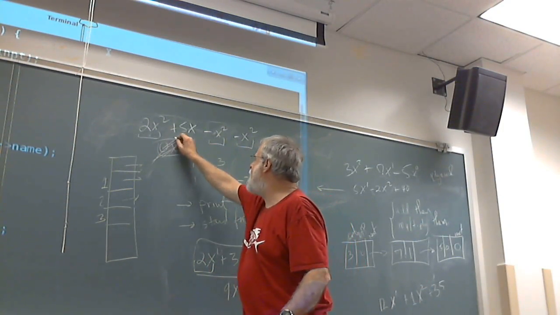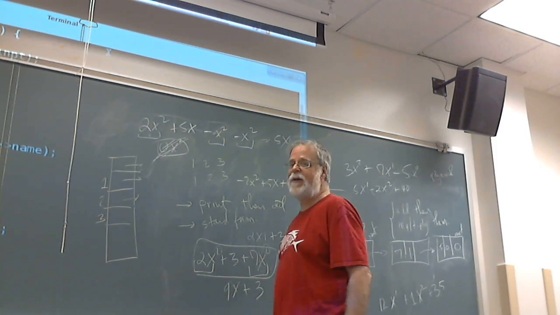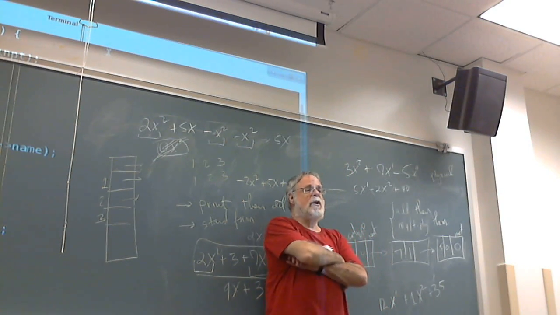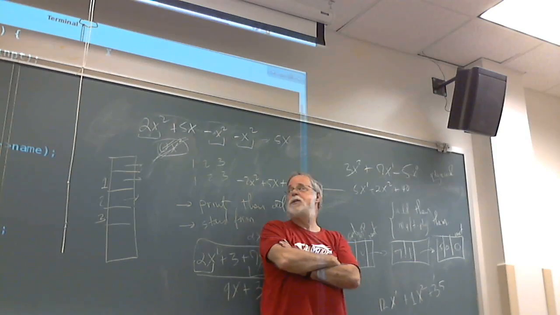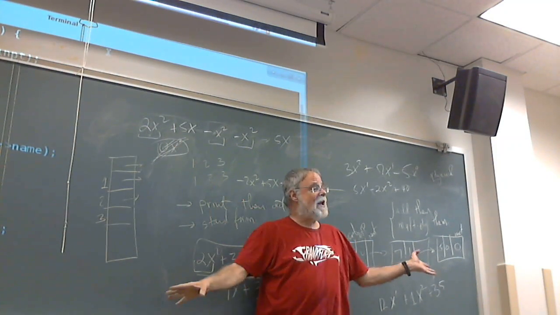So this drops out, and this becomes just 5x. So an important thing where a bunch of work is done is the simplification of combining all the like terms, and each time if you do have a 0, drop that term out.